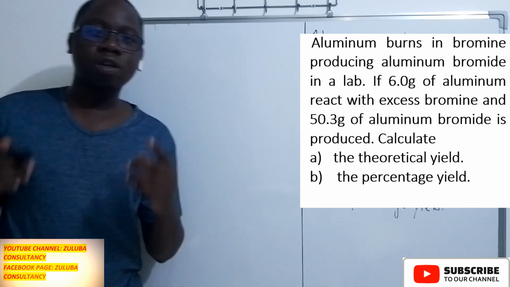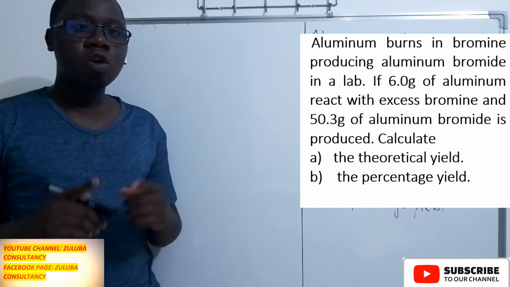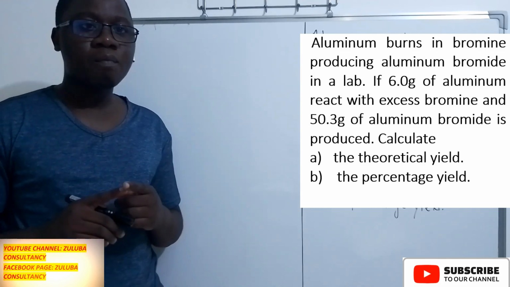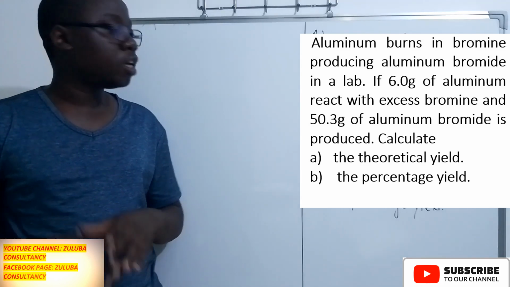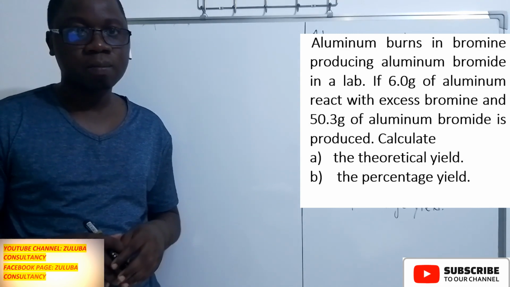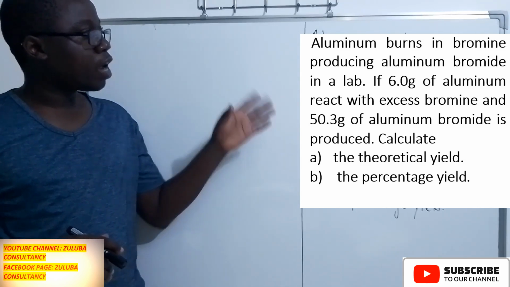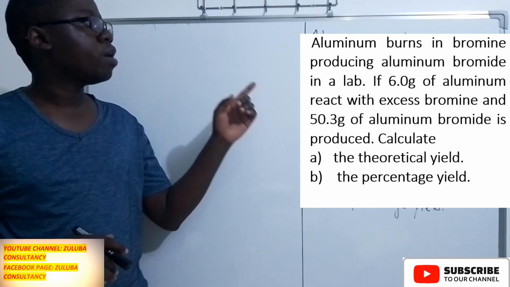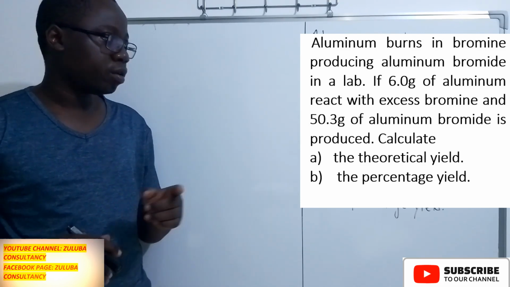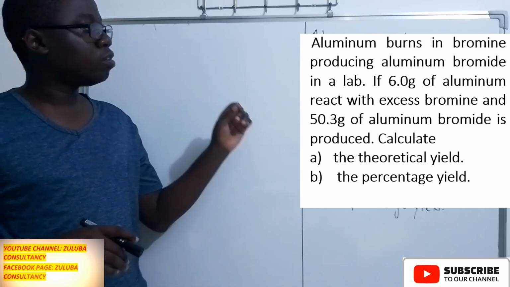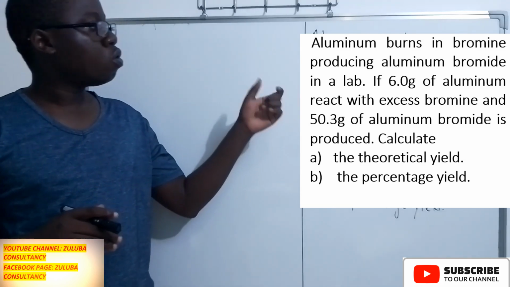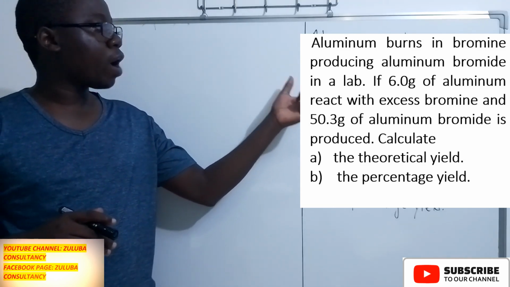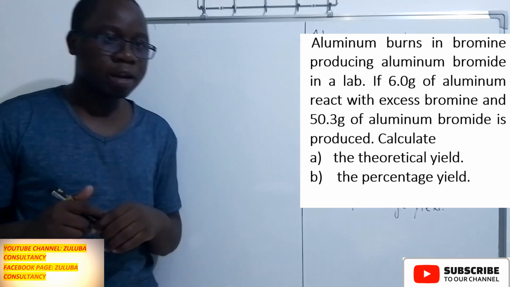So for us to calculate the theoretical yield, we first have to come up with the balanced chemical equation of this reaction. When you look at the reactants, we have aluminium and bromine. The product is aluminium bromide. So we need to know how to write aluminium bromide.